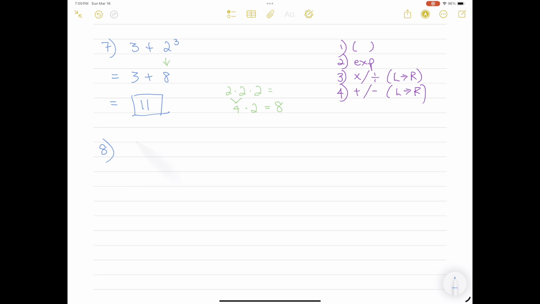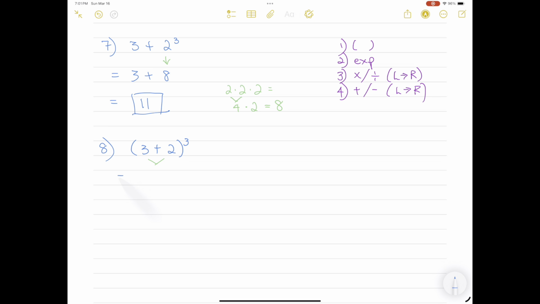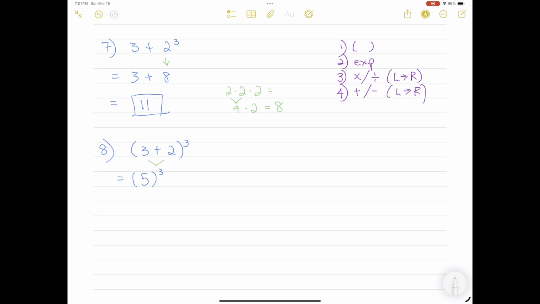Problem number 8. Open parenthesis, 3 plus 2, close parenthesis, to the third power. So I see I have a parenthesis, which I must solve within first. 3 plus 2 equals 5. I write that down and bring down the rest of the problem, which is an exponent of 3. So 5 cubed is 5 times 5 times 5.